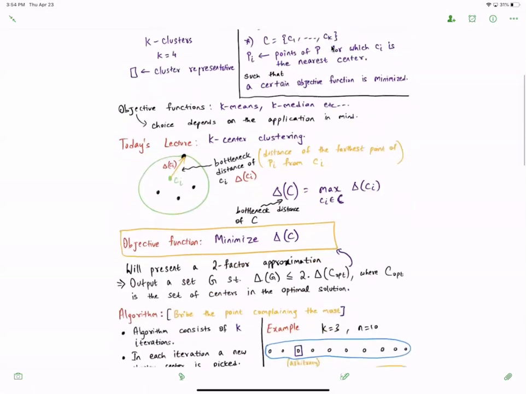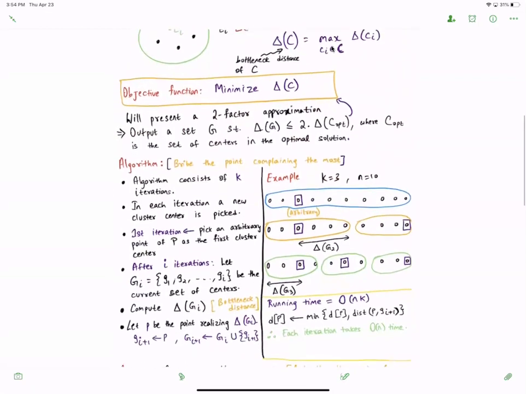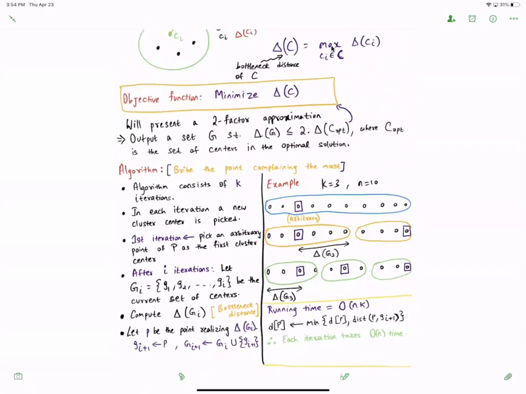Okay, so now it's time to dive into the algorithm. The summary of the algorithm is the following: you just bribe the point which is complaining the most.